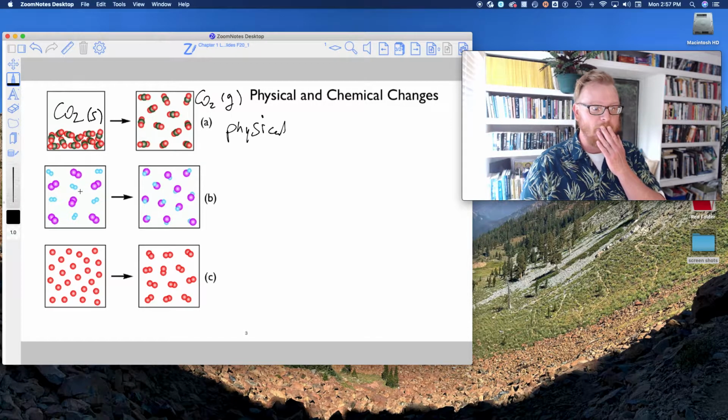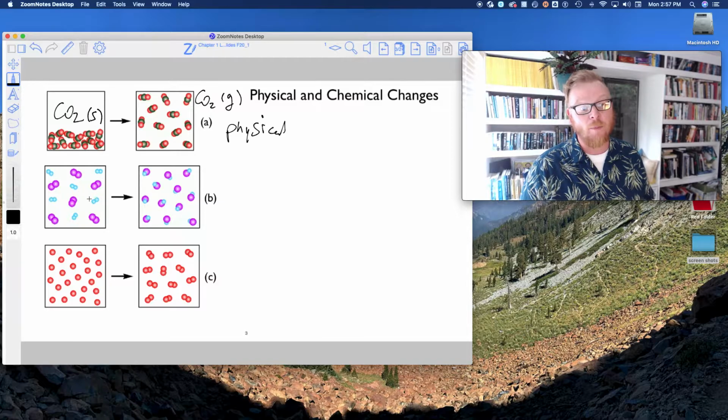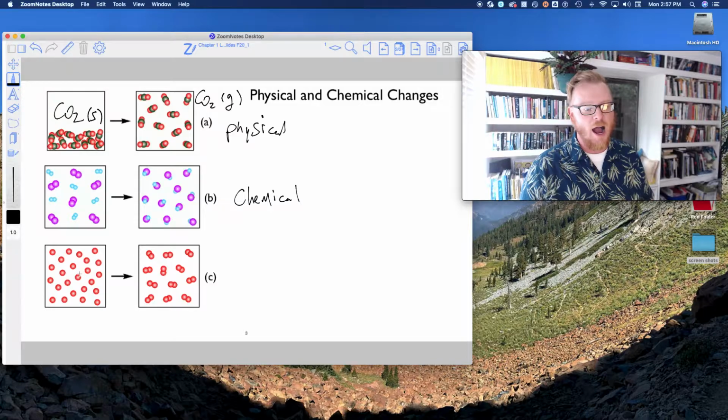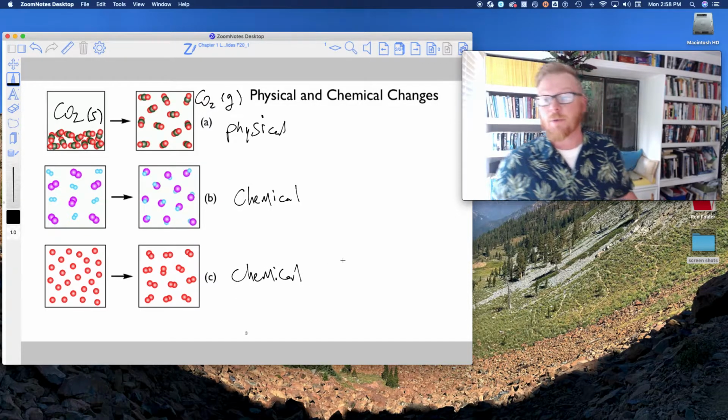But all the same, because the way that these are bonded together has changed, this has to represent a chemical change. And similarly, as you can see right here, because of the way that these all red balls are bonded differently in this picture versus this picture, that also has to be a chemical change.